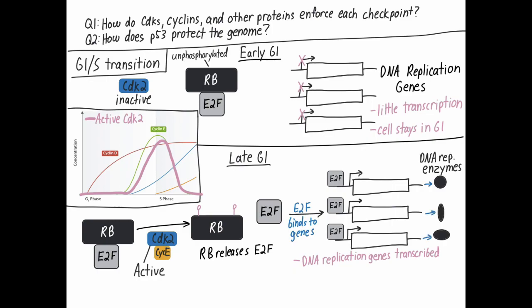These DNA replication enzymes are therefore produced, and the cell is able to pass the G1S checkpoint and move into S phase. So we see here that it's the accumulation of cyclin E that allows the cell to pass the G1S checkpoint.